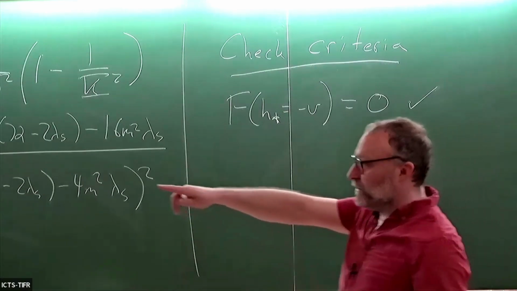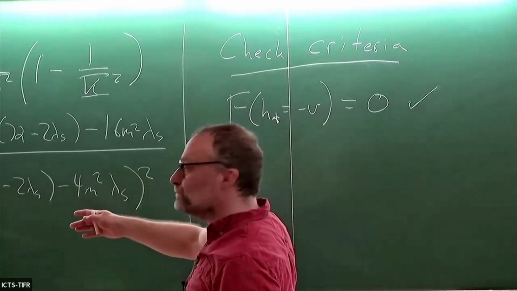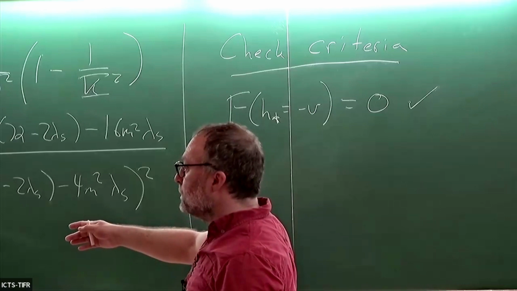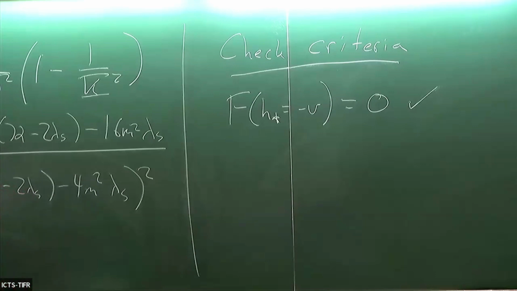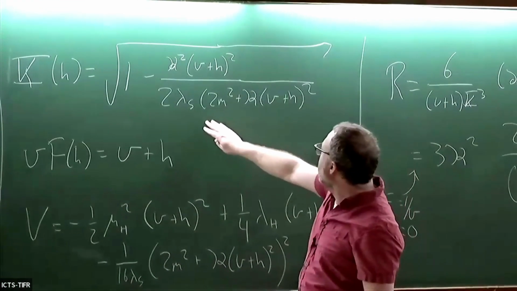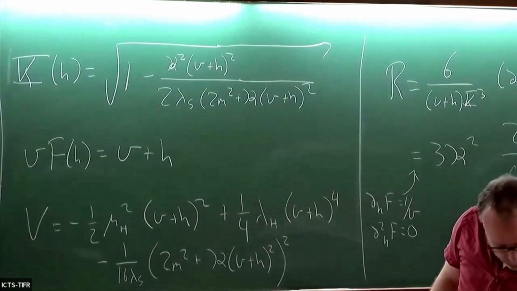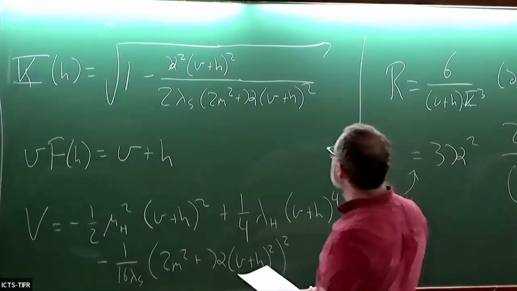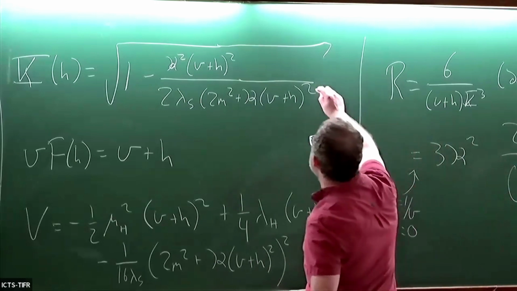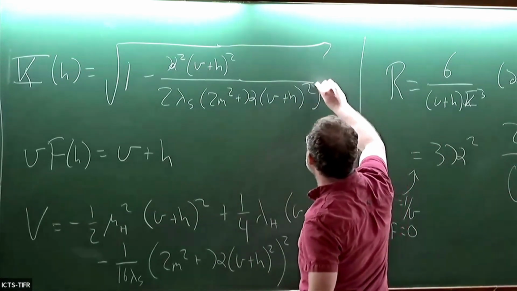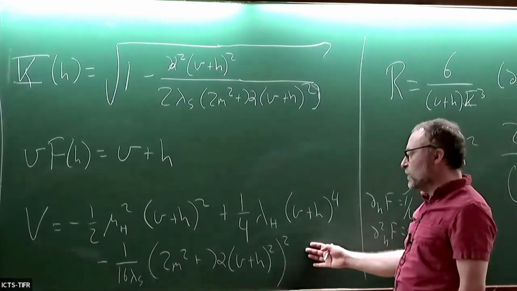Then the second criterion over there is Taylor expanding about minus v. If you look at these formulas, this is a polynomial, it's obviously fine.